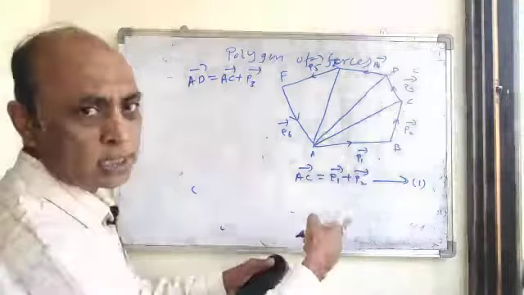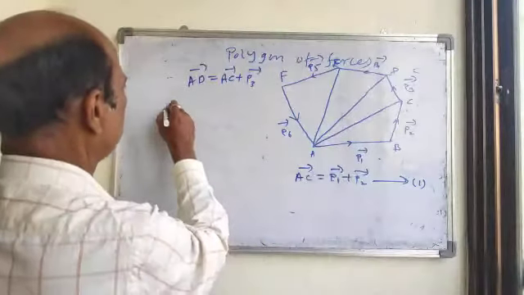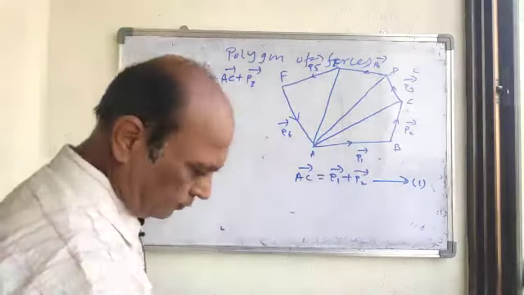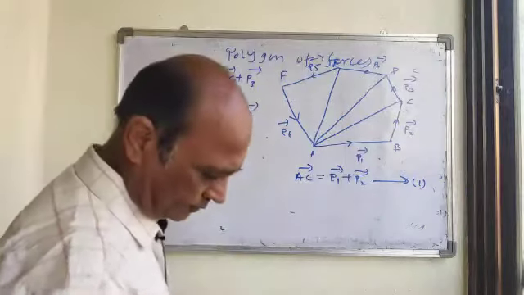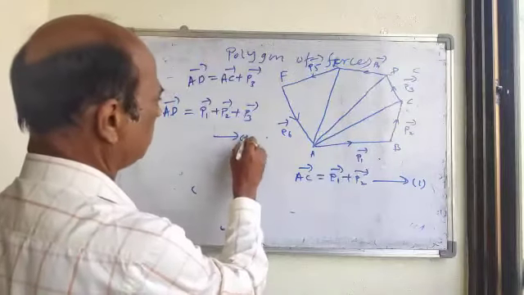Now this AC bar is P1 bar plus P2 bar, so this AD bar is equal to P1 bar plus P2 bar plus P3 bar, and this is our equation number 2.